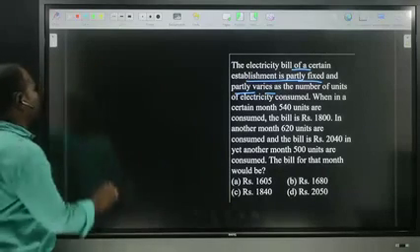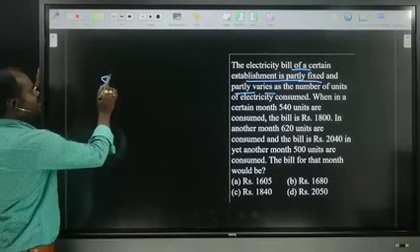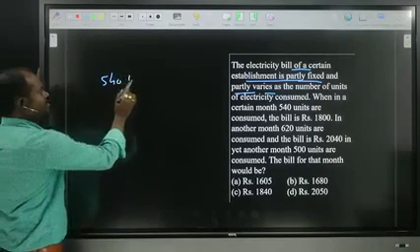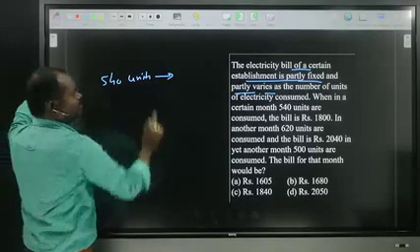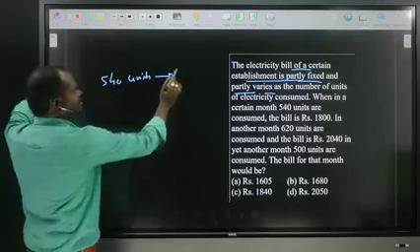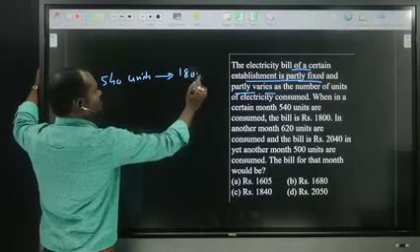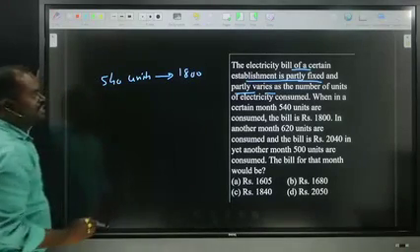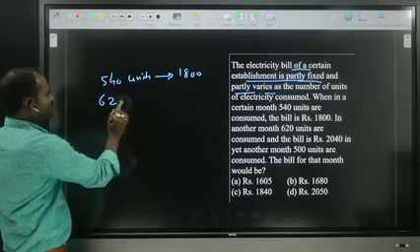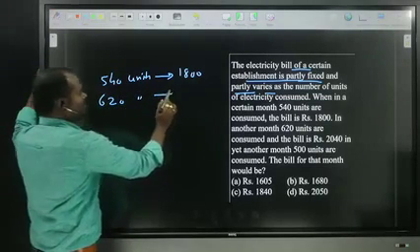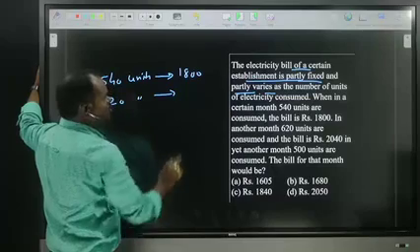So when 540 units of power are used, the bill was 1800. When 620 units are used, the bill is 2040.